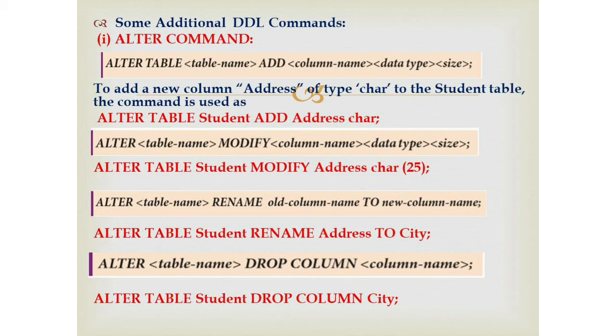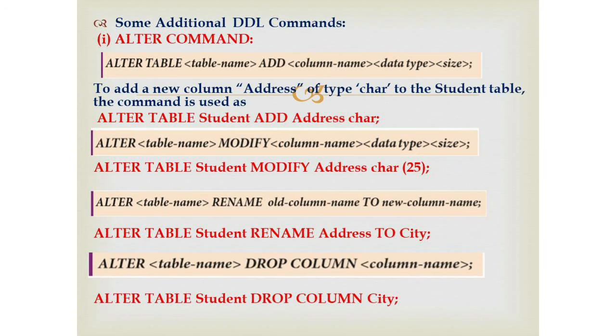To remove the column city, so now you are going to remove this city column. For that you have to give the command like this: ALTER TABLE student, this is the table name, DROP COLUMN. Then which column you are going to delete, you have to mention here, city. After executing this, the city column will get deleted.